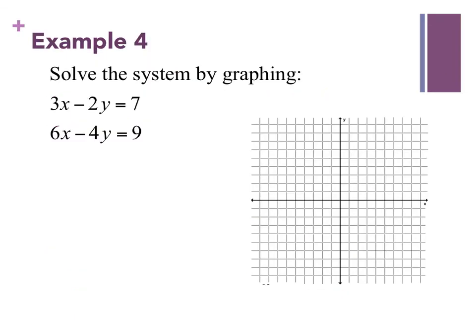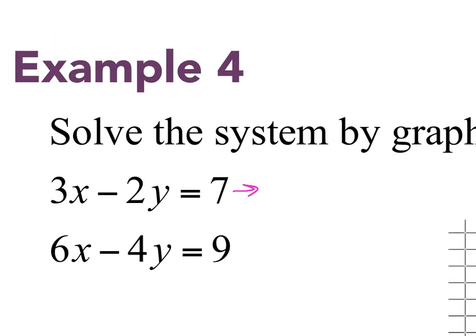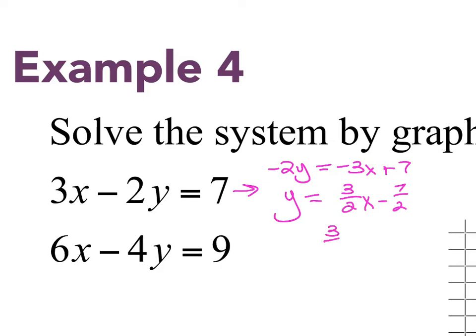All right, so this time it says solve the system by graphing. So the first thing I'm going to do is put each of these into slope-intercept form, and then plot your points. So for the first one, solve this for y. I'd get negative 2y equals negative 3x plus 7, and then divide everything by negative 2. So positive 3 halves x minus 7 halves. And I'm going to have to graph that, so I'm going to change it to mixed number.